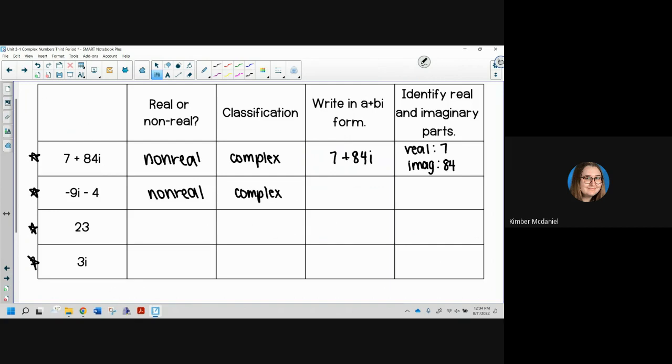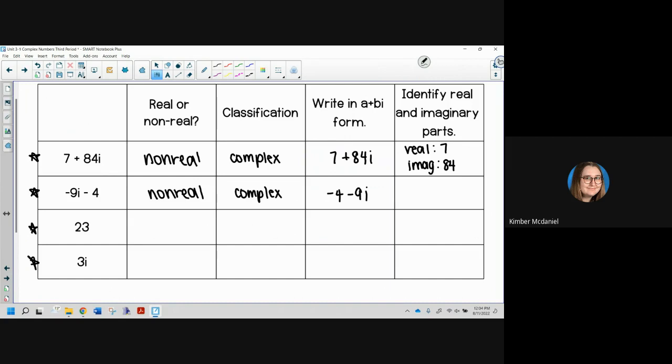Now, negative 9i minus 4 is not in A plus BI form. Brittany, how could we rewrite that so that it is in A plus BI form? Perfect. So negative 4 minus 9i. Okay, it's just flipping them around.